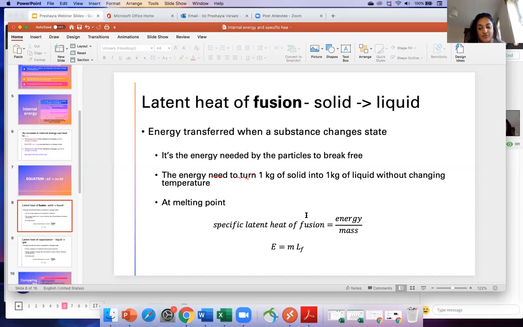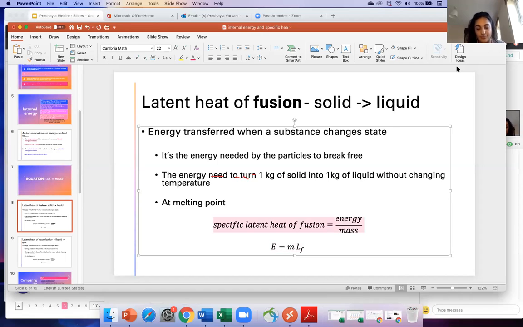The equation for the specific latent heat of fusion is energy divided by mass. Okay, and we can rearrange this equation to give E equals mass times specific latent heat. So this is it in its symbol form, and this is it in its word form.